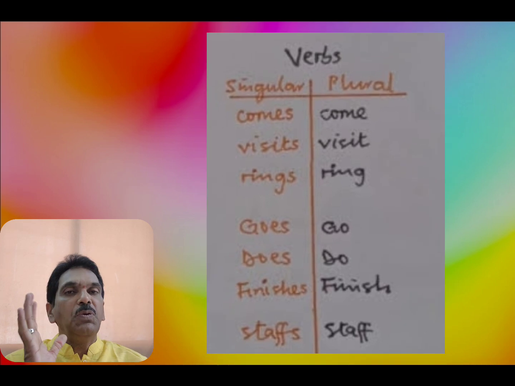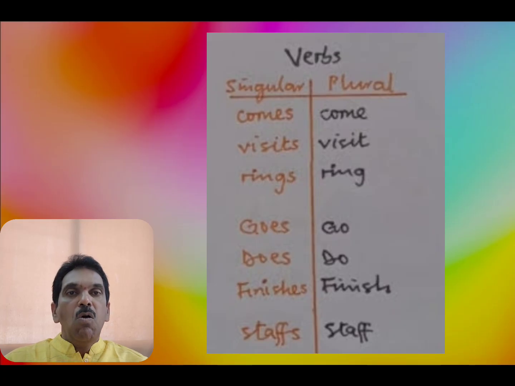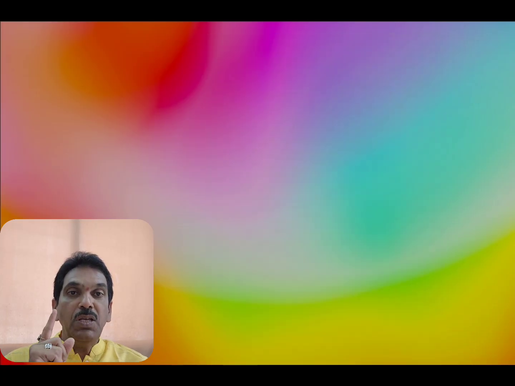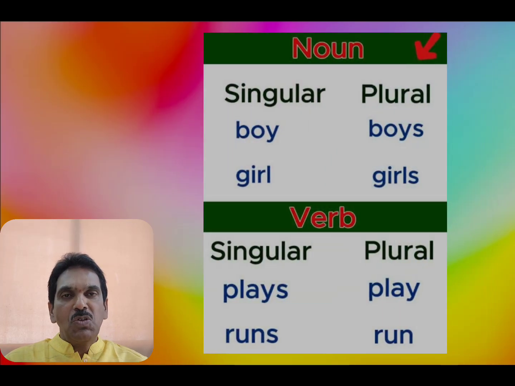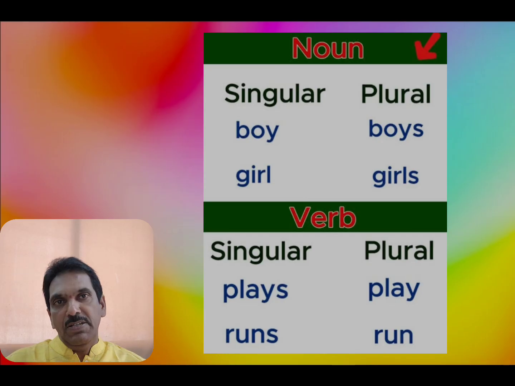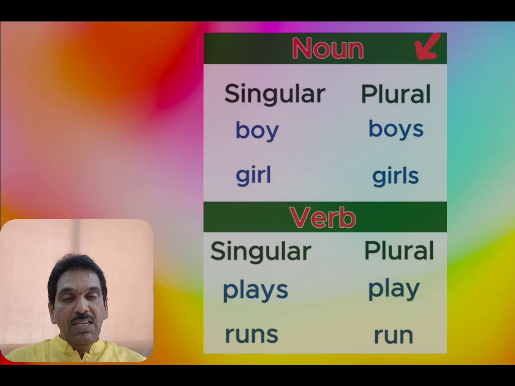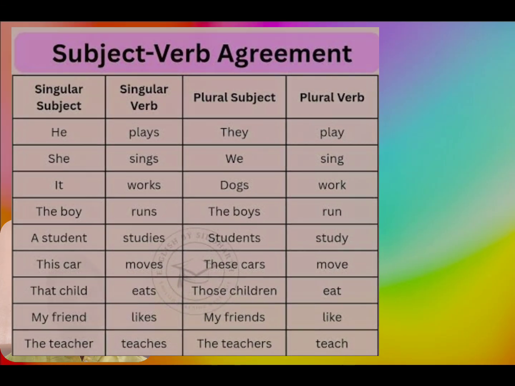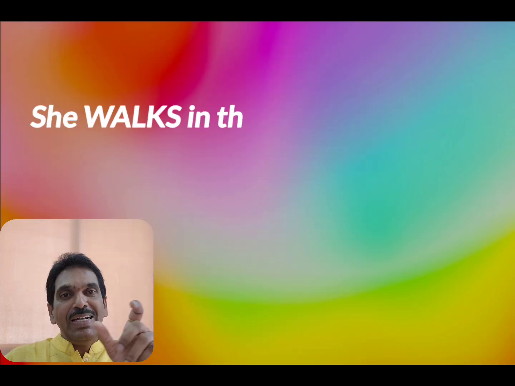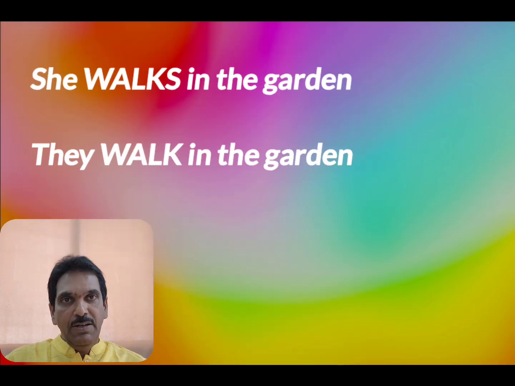That small trick you need to keep in mind, that walk is actually plural. Walks is singular, right? So that way you need to have a list of words, verbs, singular and plural, and get accustomed to them.